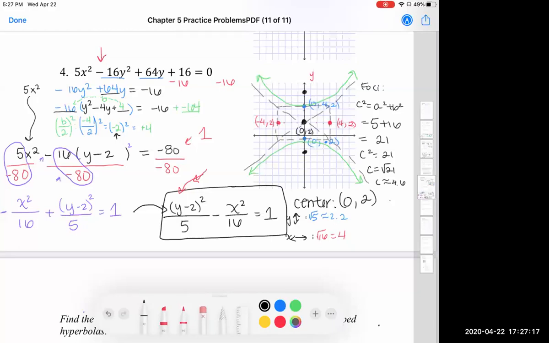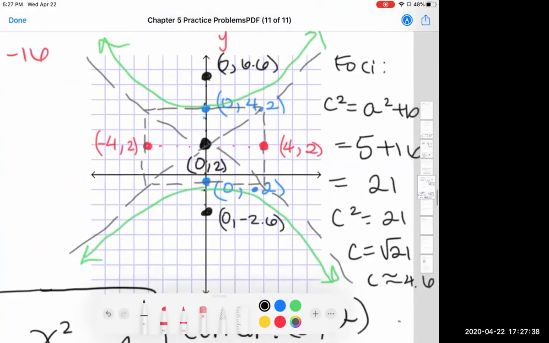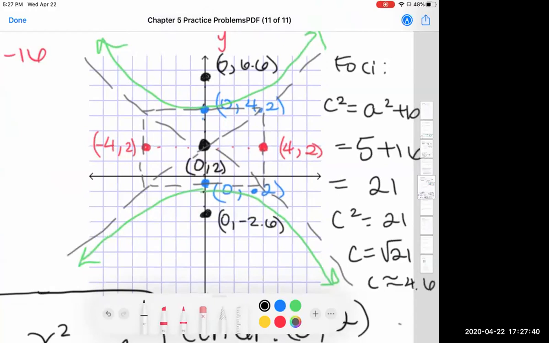So I have 2 plus 4.6, so 6.6, with the point 0, 6.6. And then 2 minus 4.6, so that's about negative 2.6, with the point 0, negative 2.6. Let me zoom in on that picture so you can easily see those points a bit better. All right, so these are the pieces for our hyperbola.